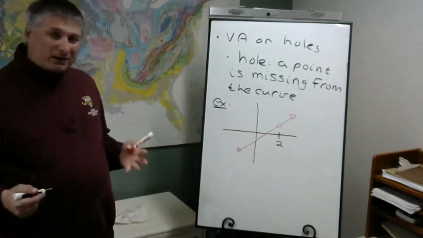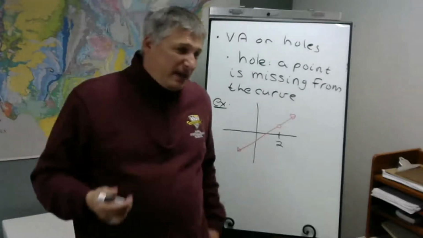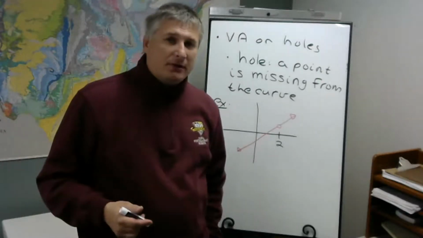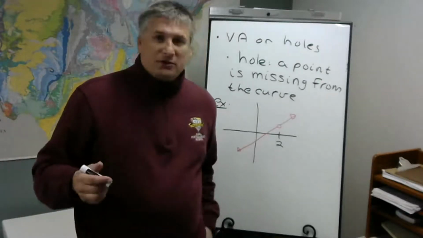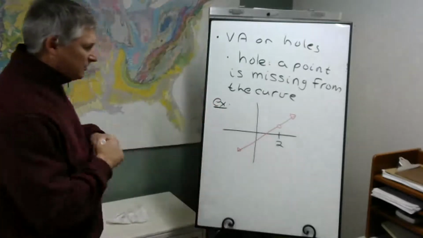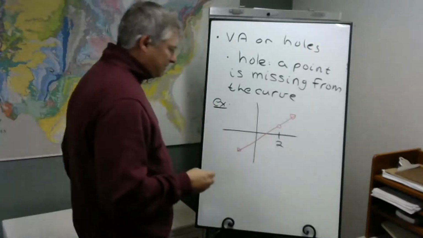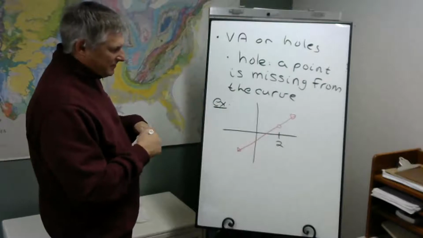So what causes a hole? Well, it's the same thing that causes a vertical asymptote. You get a division by 0. So a function here we might have, let's say we have this.